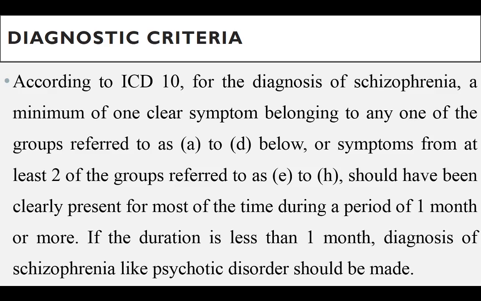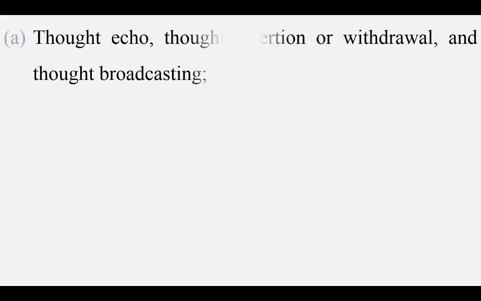If duration is less than 1 month, a diagnosis of schizophrenia-like psychotic disorder should be made. If these psychotic symptoms are present but have not been there for more than 1 month, we can only make the diagnostic formulation as psychotic symptoms. Now what are these? Let's see.